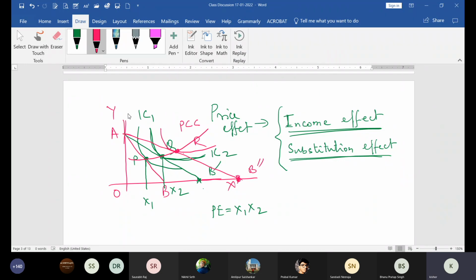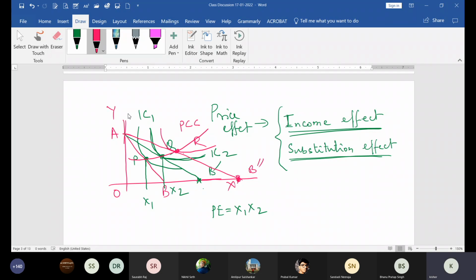Along with that, Y also may be marginally increased. I am silent about it. But ultimately, price effect represents the change in your consumption basket because of the change in price. So in this case, in terms of X, we assume that it is almost horizontal in the initial phase. So price effect is represented by X1 X2.